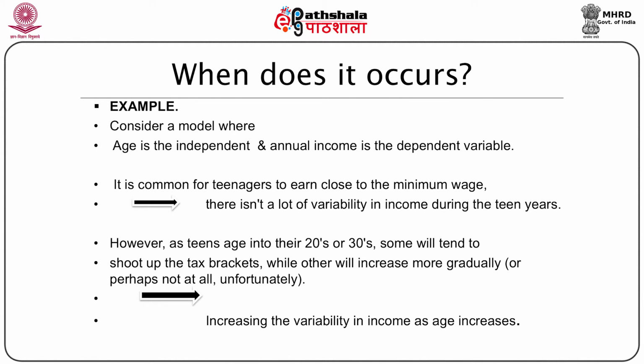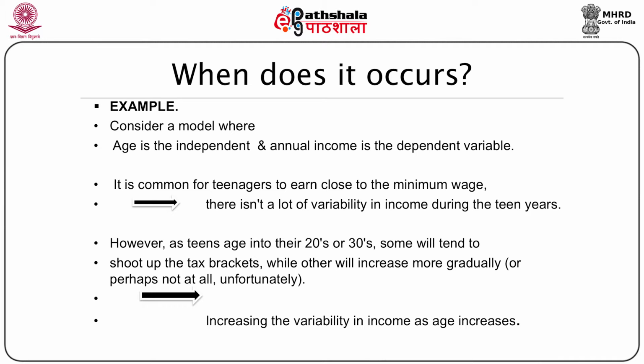When can heteroscedasticity occur? Let me explain the occurrence of heteroscedasticity with an example. Consider a regression model in which age is the independent variable or the explanatory variable and annual income is the dependent variable. It is common for teenagers to earn close to the minimum wage, so there isn't a lot of variability in income during the teen years.